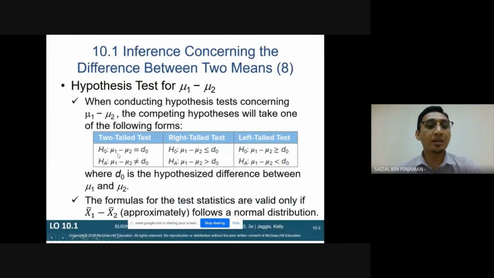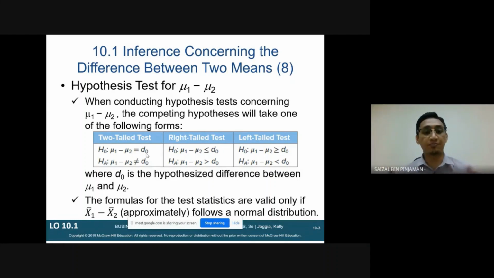For example, if the mean for population 1 is 2 and the mean for population 2 is also 2, then 2 minus 2 is equal to 0. 0 is our hypothesized difference. Of course, the hypothesized difference can assume any value, but normally in hypothesis testing we always assume the hypothesized difference, this D subscript 0, as equal to 0.